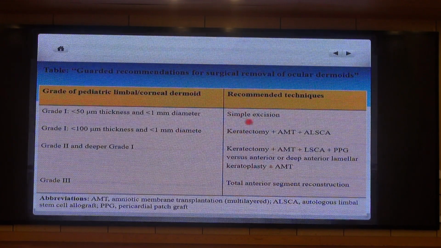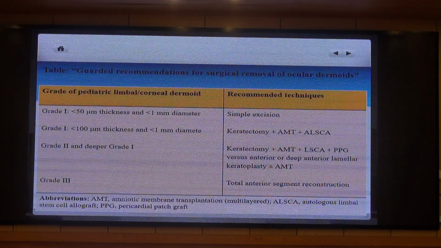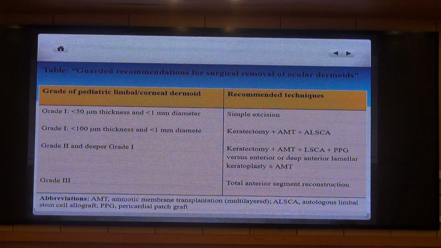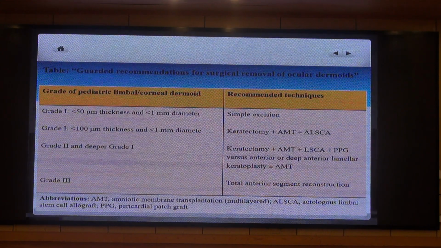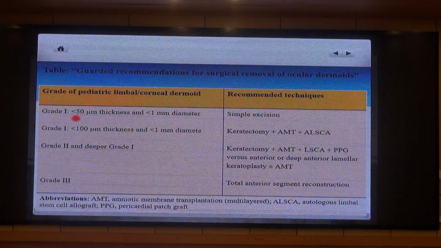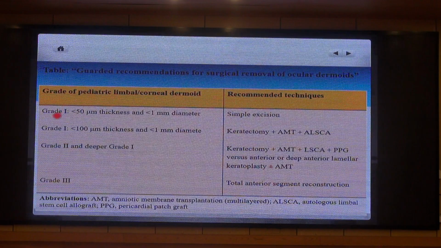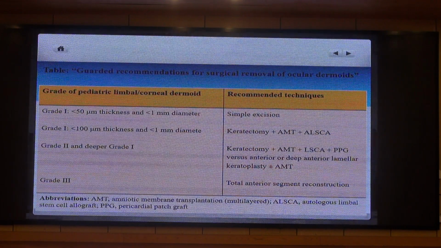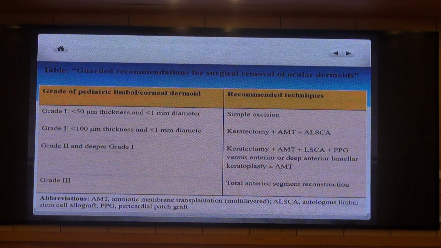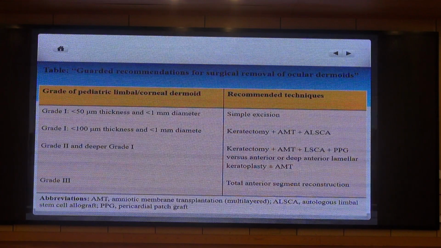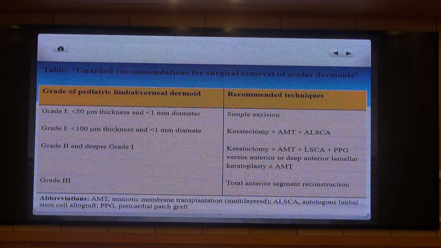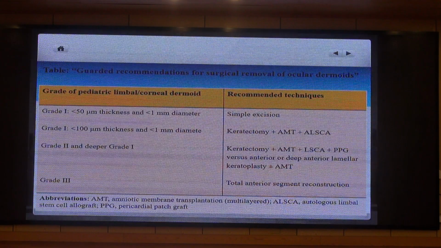Recommended technique, like here. With grade 1, very small, less than 1 millimeter diameter, and the depth under 15 micron thickness, we can do simple excision, but very rare because sometimes it can recur.